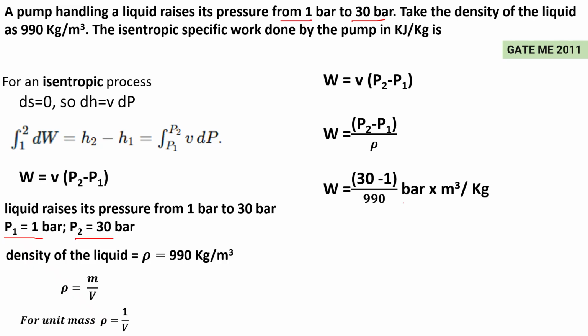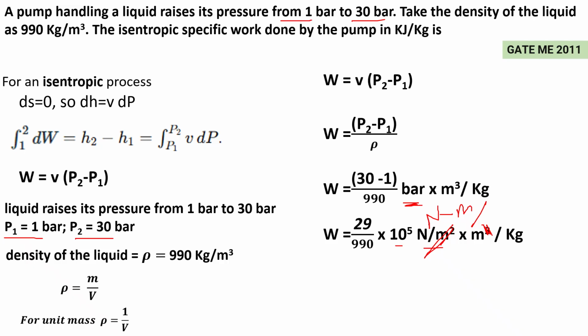Pressure is in bar and density is kg per meter cube, so it will become meter cubed per kg. Then this is 29 by 990, and we know that 1 bar equal to 10 to the power of 5 Newton per meter square, into meter cube divided by kg. So meter square and meter cube give Newton meter divided by kg.